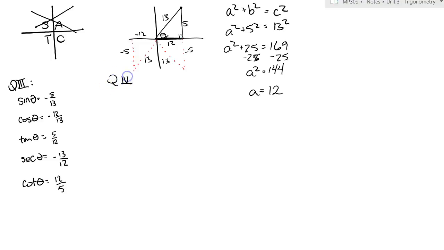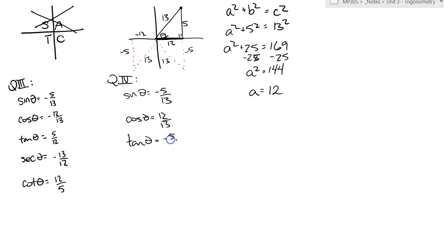Quadrant 4, we're going to be dealing with sine is still going to be negative, which is what we wanted to match our cosecant value. Cosine is now going to be positive, so it'll be just 12 over 13. Tangent will now become negative because we're in quadrant 4 and tan is not positive there.